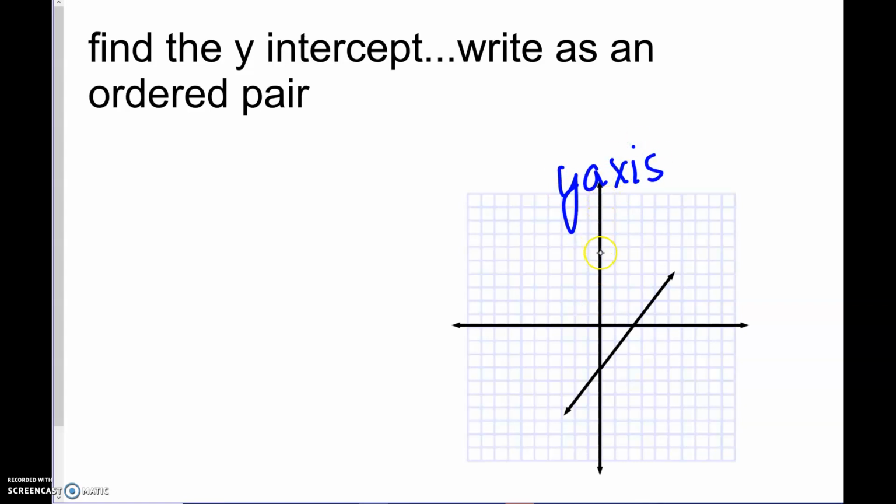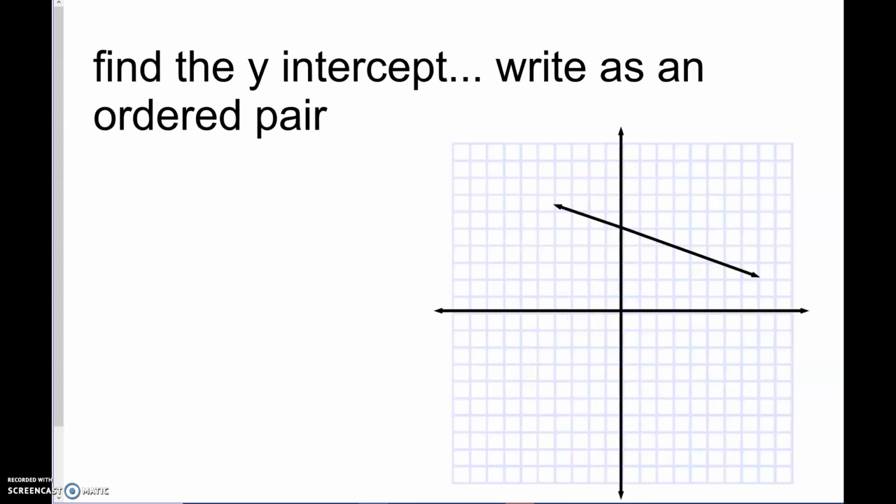Where is this black line crossing? Right there. It is not going left or right at all, so it's (0, -3). Notice this x value is 0.